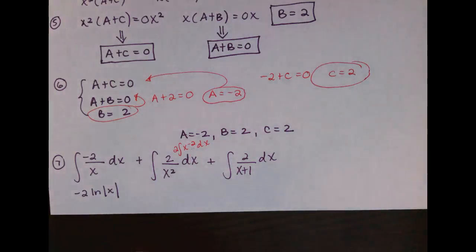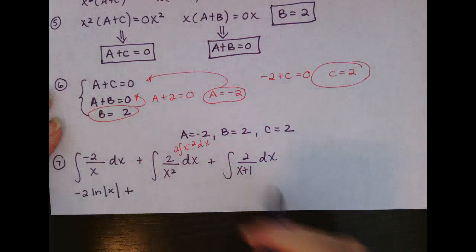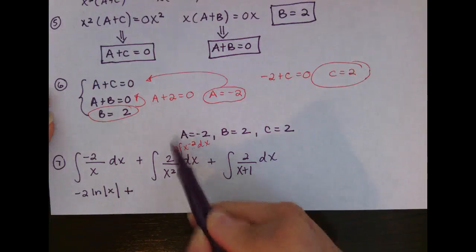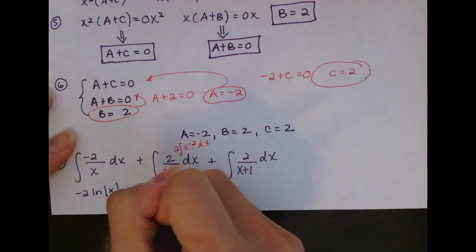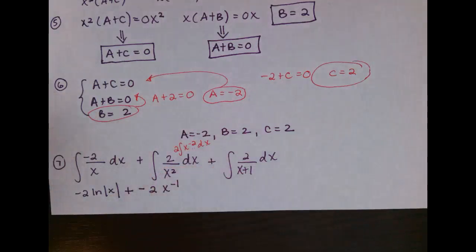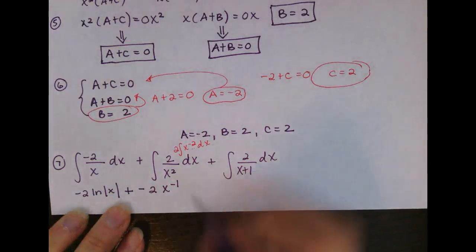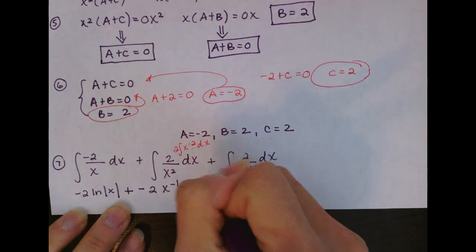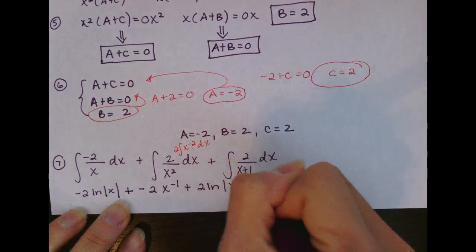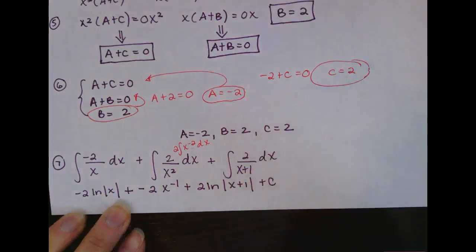We can use a power rule there. And so if we add 1, we'll get negative 1, and then divide by negative 1 means we'll get negative 2 times x to the negative 1 power. And then in the last one, we'll get another natural log, 2 times the natural log of the absolute value of x plus 1.